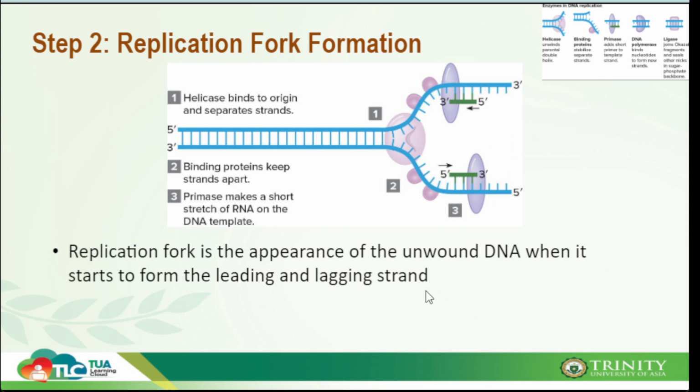So, the leading strand is the strand on top. Okay? The original strand, the 5' to 3' strand. Siya yung leading strand. And the lagging strand is the strand at the bottom, or the 3' to 5' strand. Siya yung lagging strand. So we have a leading and a lagging strand. Okay?